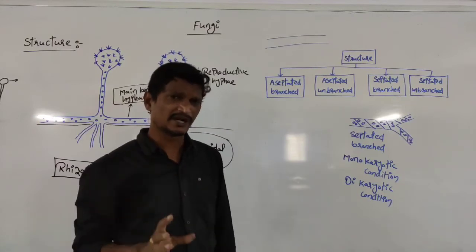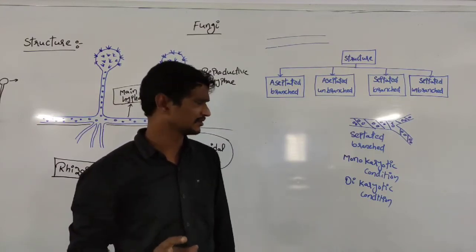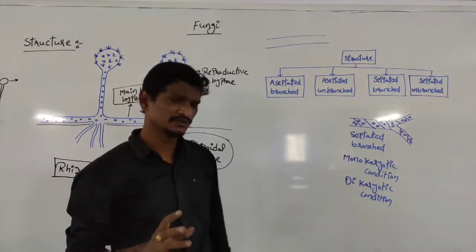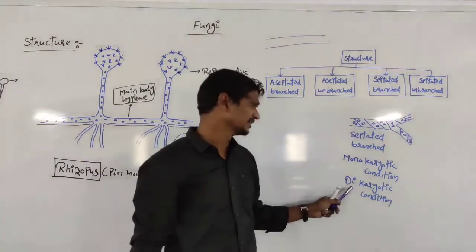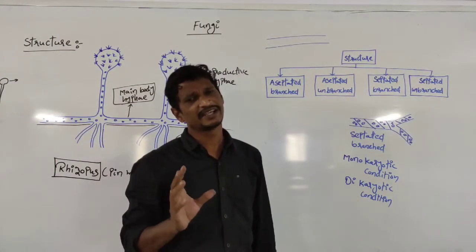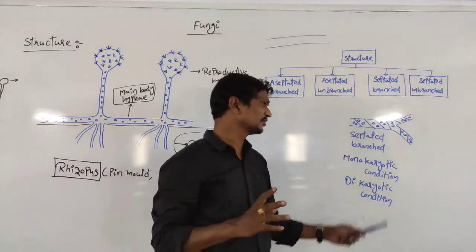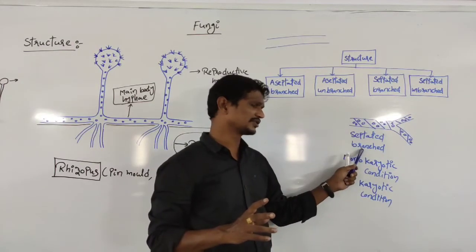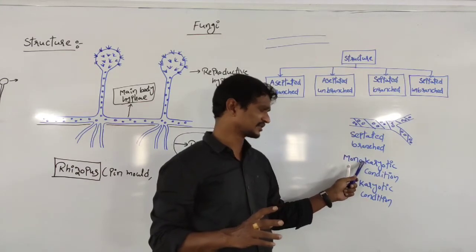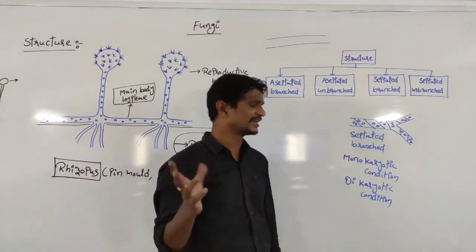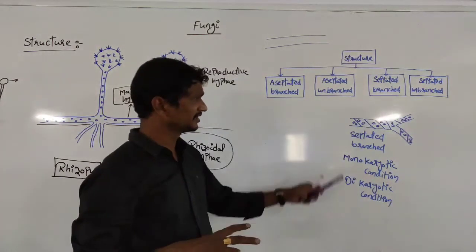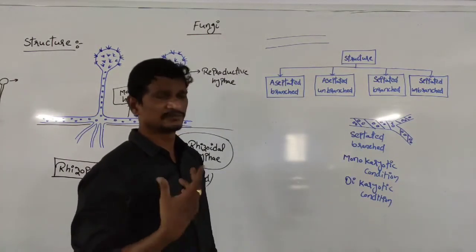Remember, in fungi, with the presence of septa, mostly the dikaryotic condition is maintained. That is about the septate, branched.